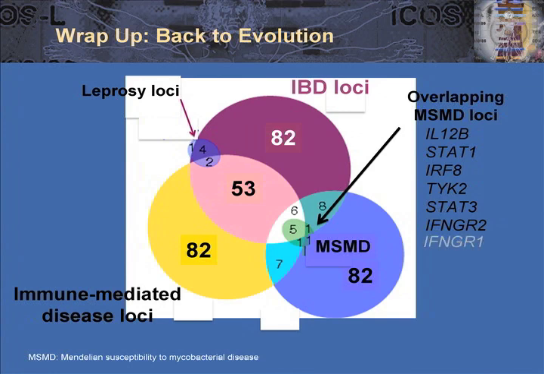And it is not surprising that many of these overlapping genes we see between inflammatory bowel disease, other chronic inflammatory diseases, and susceptibility to mycobacterial infections are well placed within the Th1 and Th17 pathway, including genes in the IL-12 and IL-23 pathway, the JAK pathway, STAT3, interferon gamma signaling.